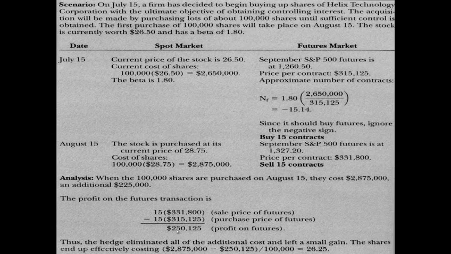So, in fact, I make a small profit of $25,000. I lose $225,000 from the cost of the shares going up, and make $250,000 from the futures contracts. I effectively end up with a price for each share of $26.25. That's 25 cents cheaper than what they originally cost in July.